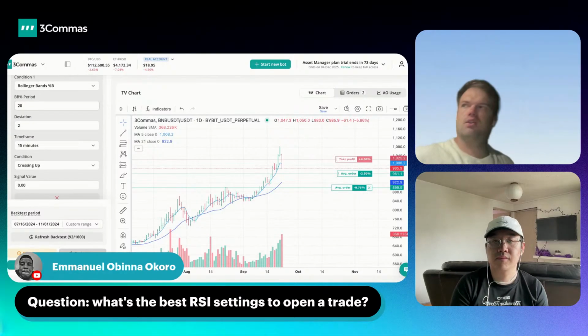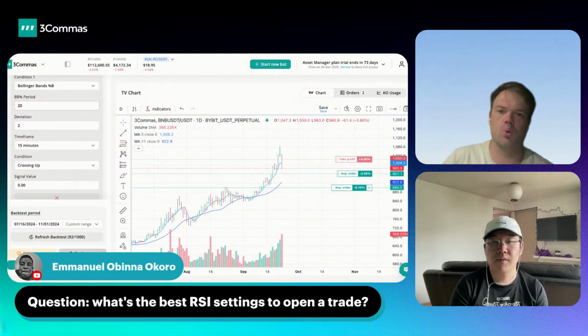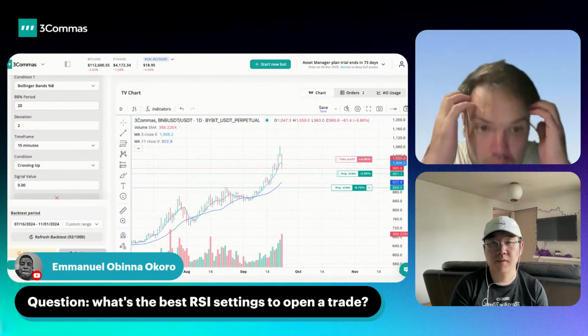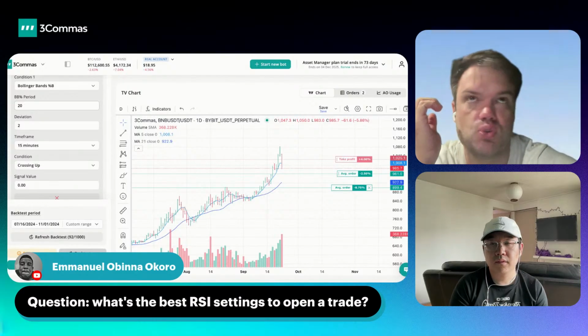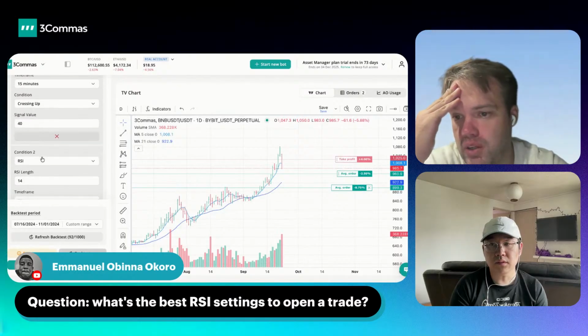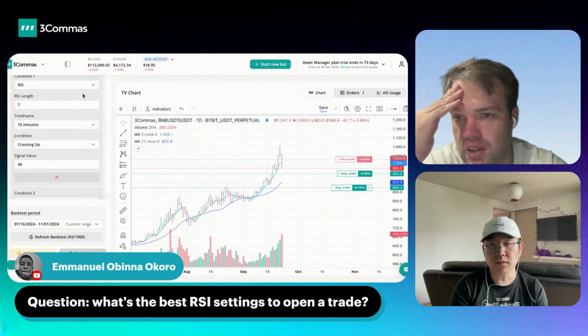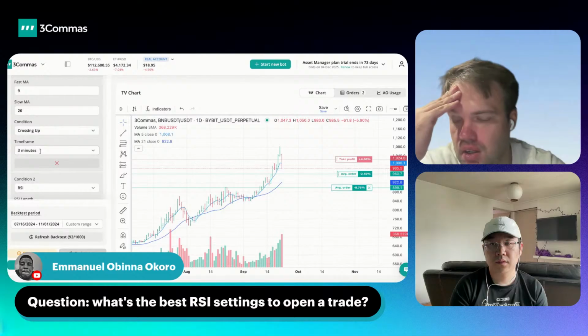RSI is supposed to show you the points where the price is overbought or oversold. Me personally, I prefer trading as simple as possible, and what I usually do for my own strategy, I'm doing just moving average.